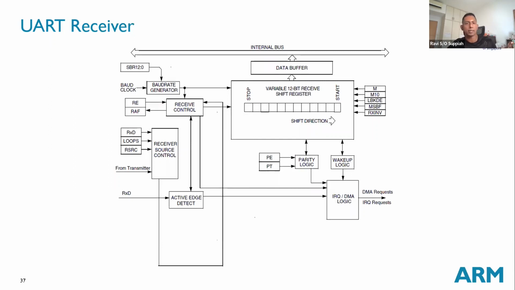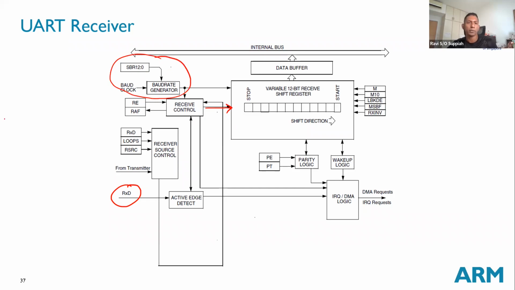The receiver is again similar. You have data coming in through a pin, and of course there will be some hardware circuitry to detect the logic. Eventually, once you get that data coming in, you will be able to pass it into the shift register. The rate at which you sample the data is also determined by the baud rate.